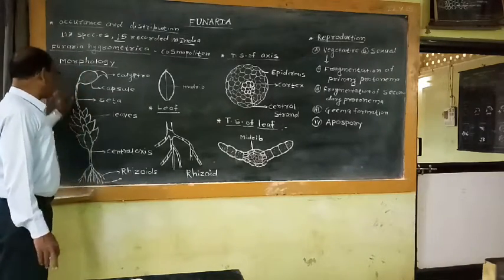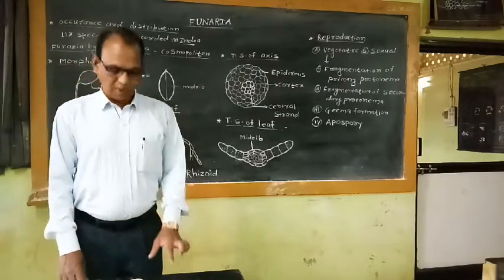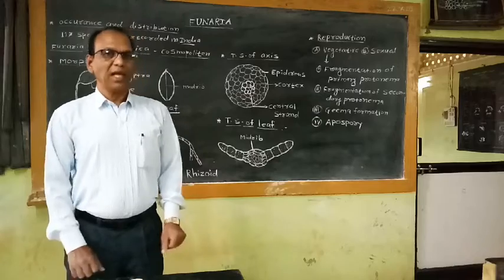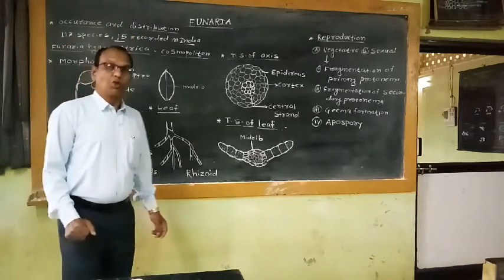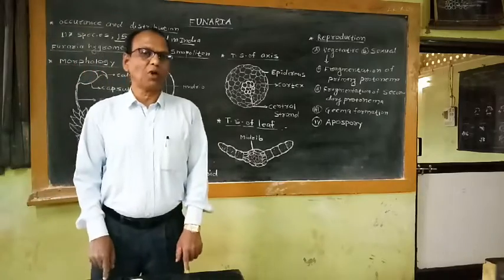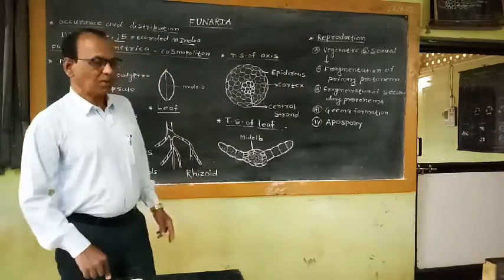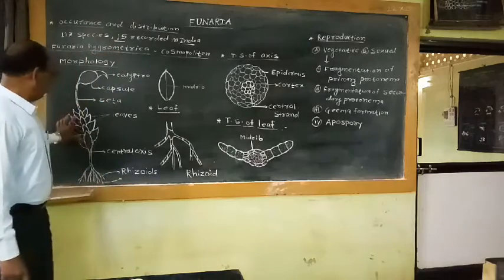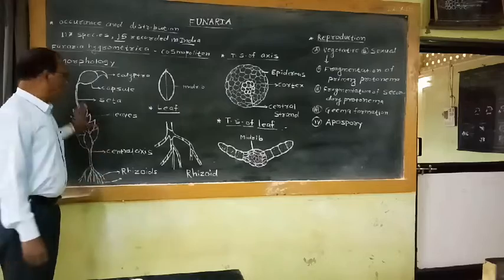One type of branch, main axis branch, can develop the antheridial head. Lateral branch can develop archegonial head. That means male and female reproductive structures are developed on these two types of branches on this leafy gametophyte.